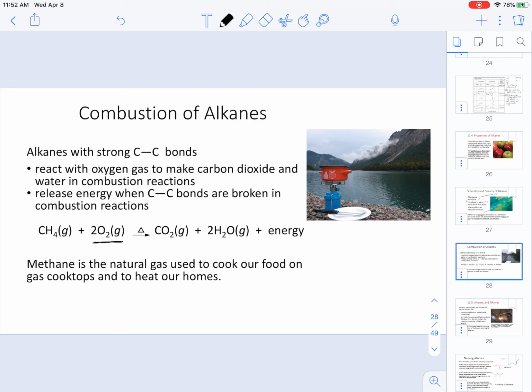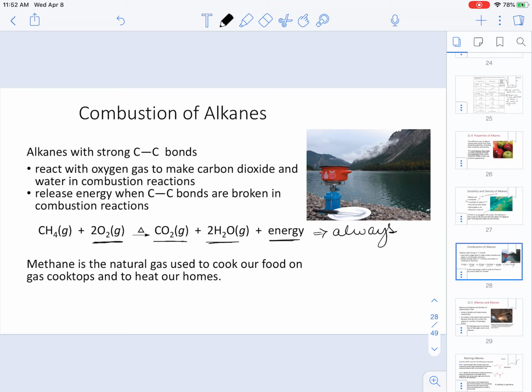Now, when we react alkanes in a combustion reaction, the products are always CO2, water, and energy. It doesn't matter how large the alkane is, the products are always going to be CO2, water, and energy.